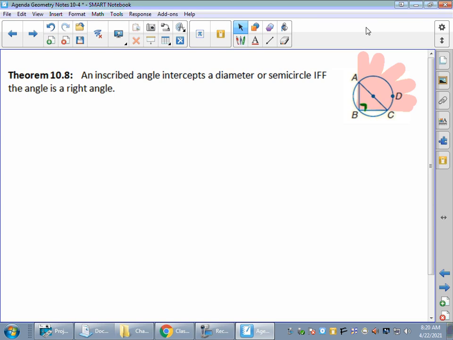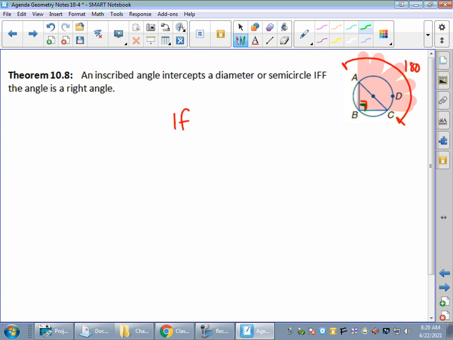And if I know that my inscribed angle is 90 degrees, how do I get my intercepted arc? I double it, right? So this has to be 180, which means that AC has to be a diameter.